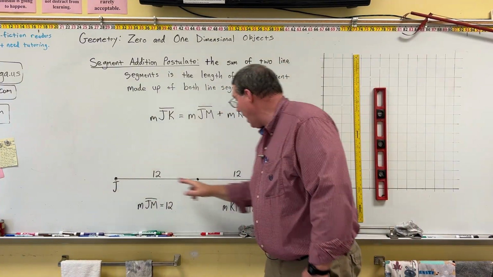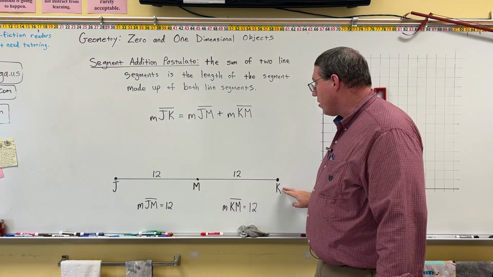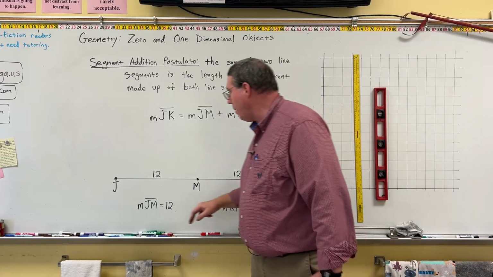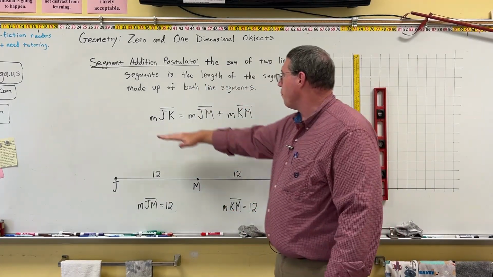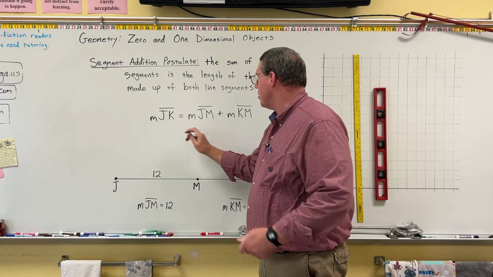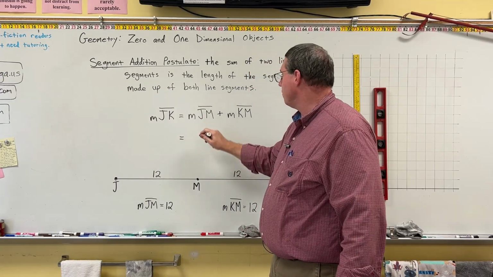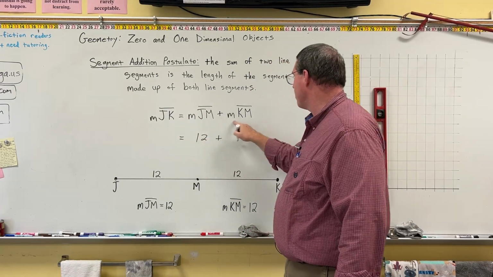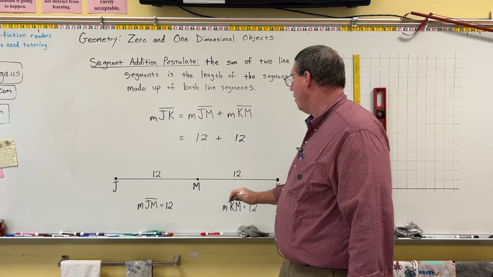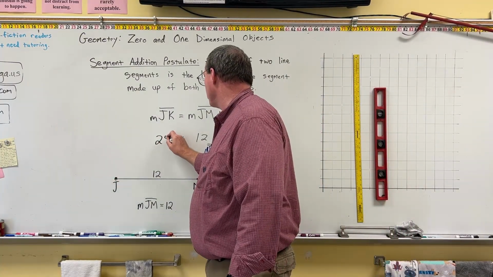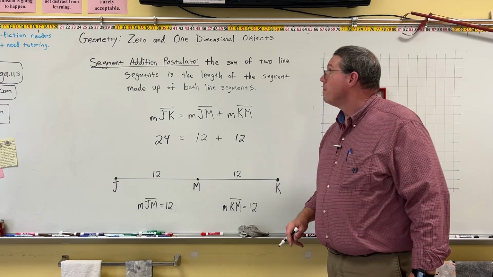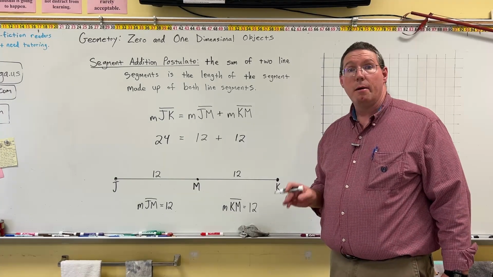So line segment JK is made up of line segment JM and line segment KM, and therefore the measure of JK is equal to the measure of JM, which is 12, plus the measure of KM, which is 12. So the overall measure of JK is going to be 24, 12 plus 12. That is the segment addition postulate.